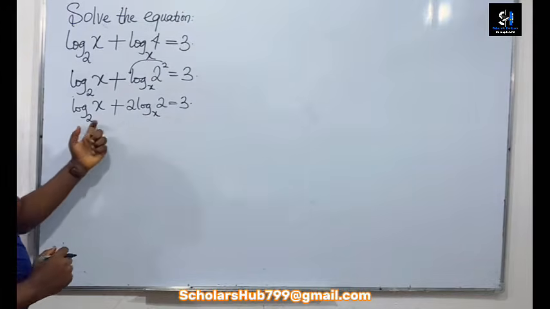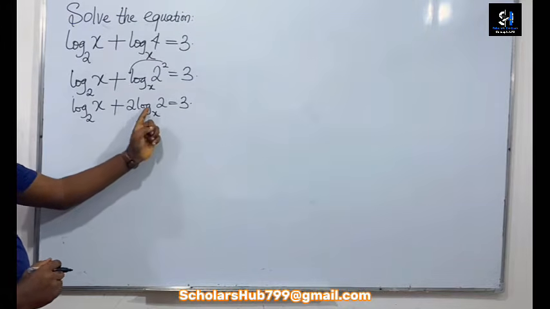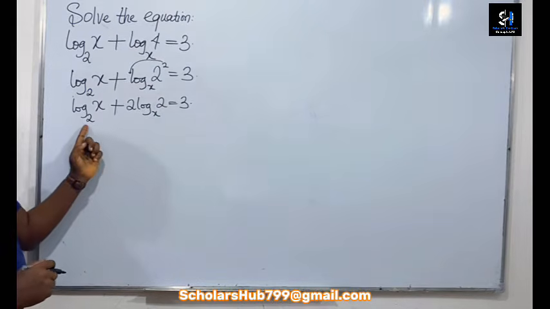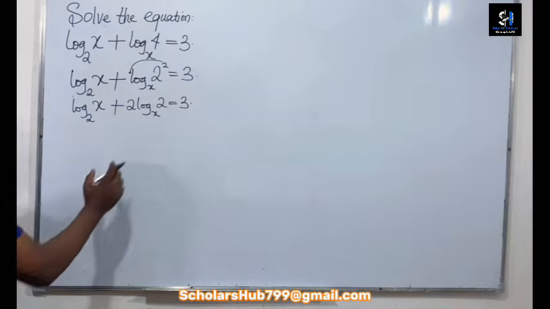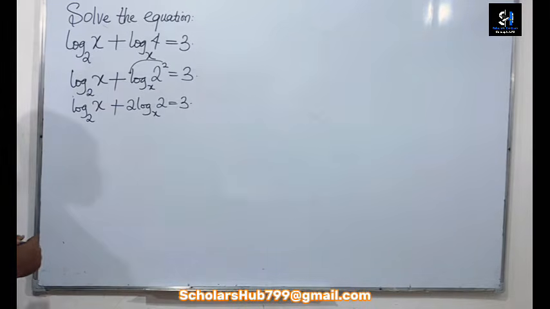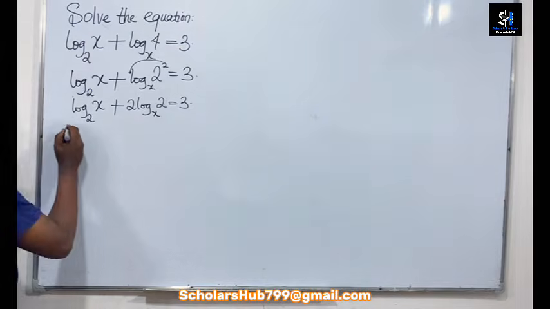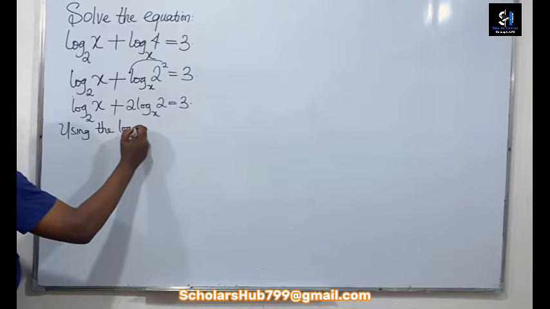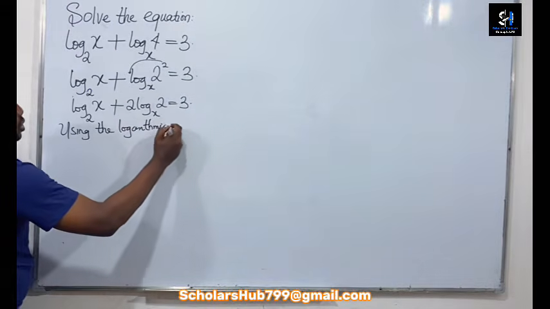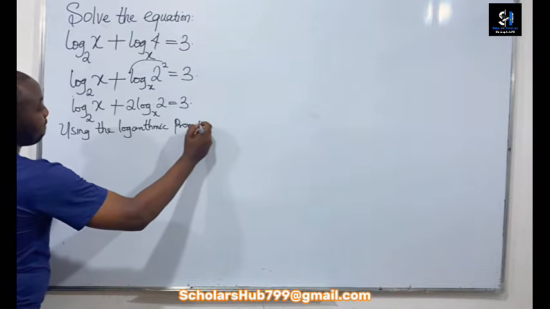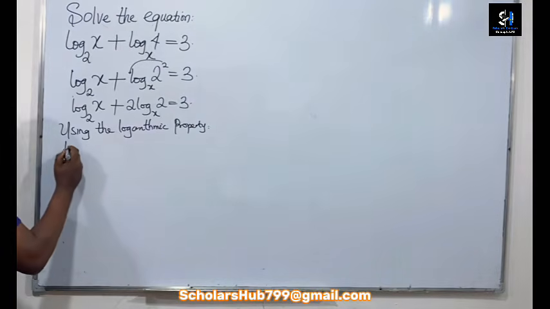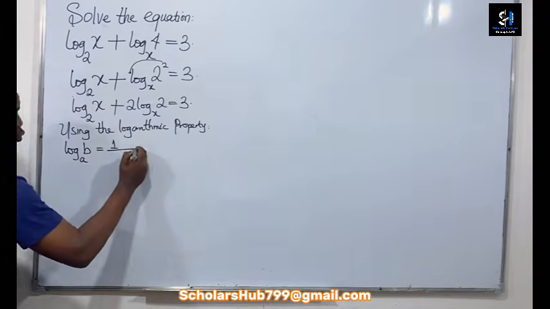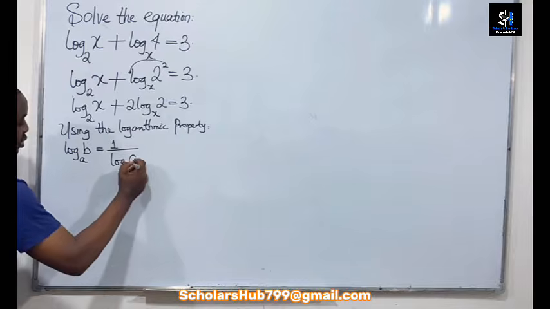So to make log to base x of 2 have the same base as this other log here, I'm going to apply one of the properties of logarithms known as change of base. So using the logarithmic property, log to base a of b equals 1 over log to base b of a.